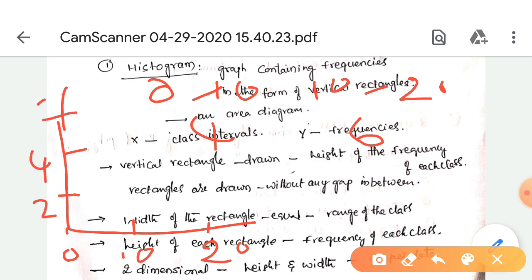These are the different classes 0, 10 and 20, and 2, 4 and 6 are the frequencies. The first one, 0 to 10, has frequency 4, so this is the first vertical rectangle. Vertical rectangles are drawn as per the height of the frequency of each class. This is the first one, and the second one is 6.